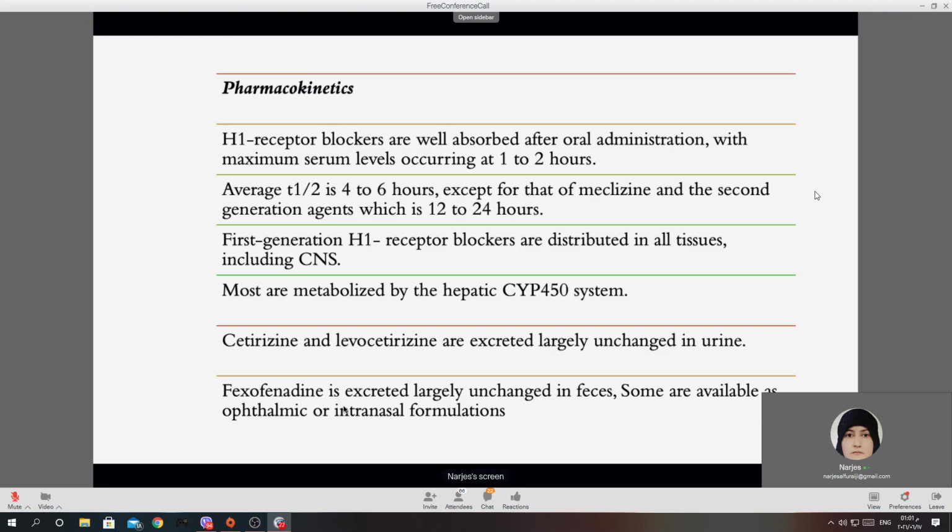The average plasma half-life in blood will be 6 hours, with the exception of second generation antihistamines like loratadine, which might reach 24 hours.